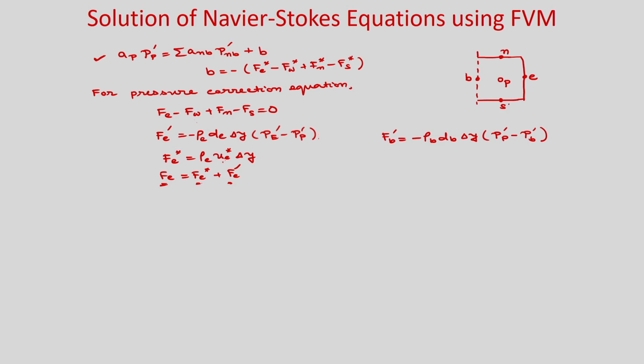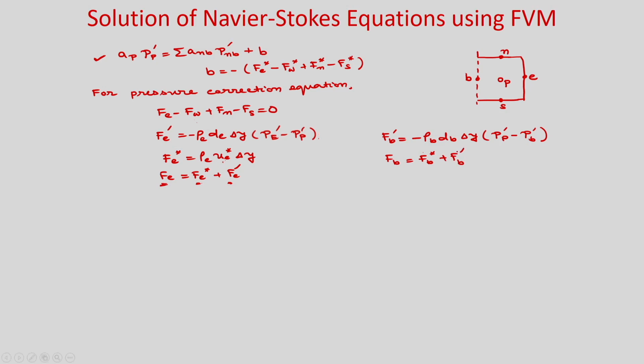Now, if velocity is known, then F b is equal to F b star plus F b prime.